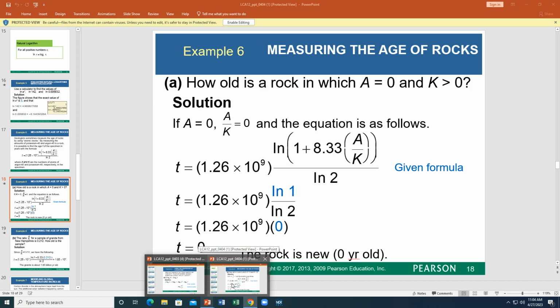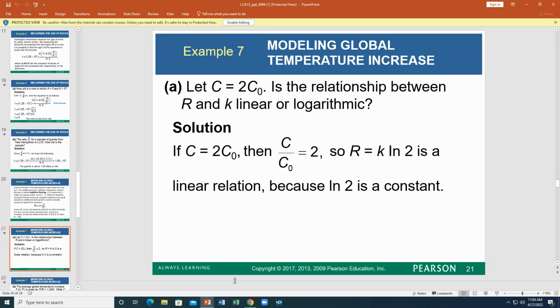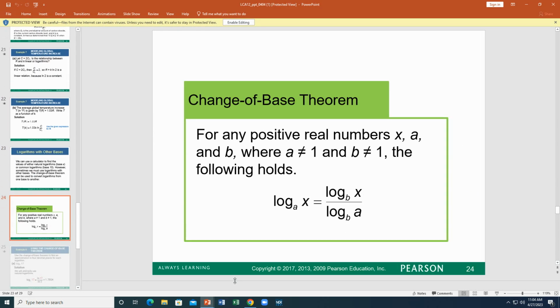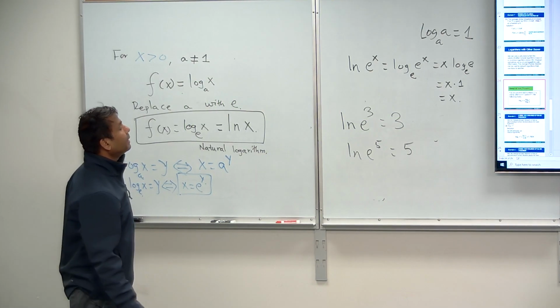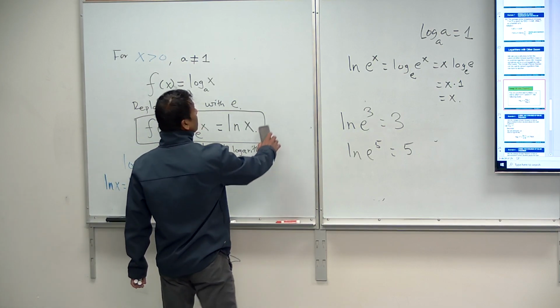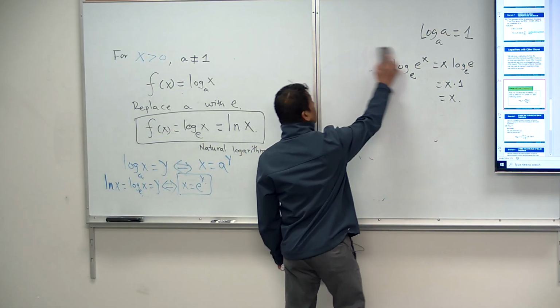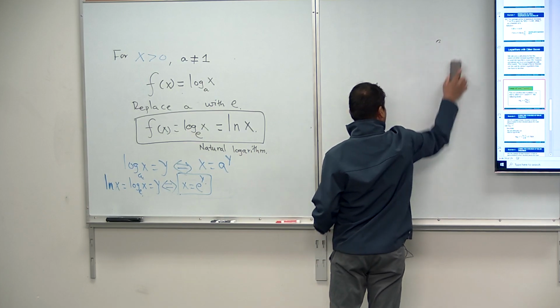Here is the change of base theorem. For any positive real numbers x, a and b, where a is not equal to 1 and b is not equal to 1, the change of base theorem tells you this, okay?